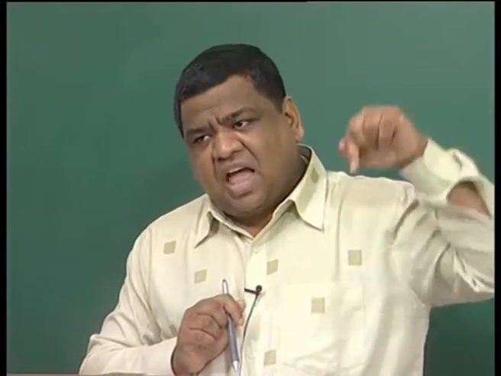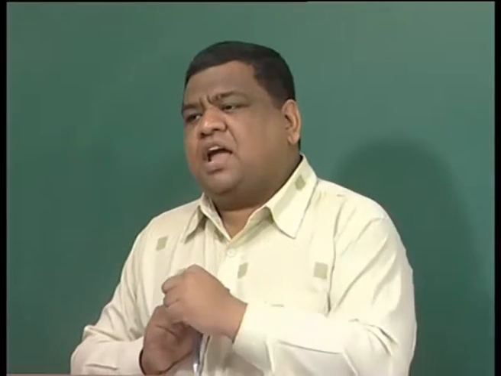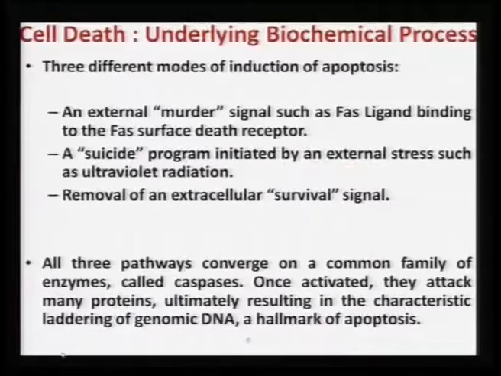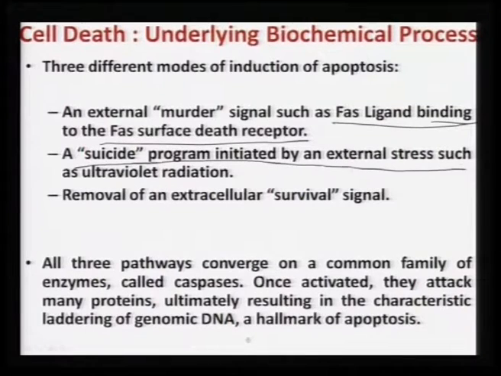From that point onwards, it is more like an irreversible process of going to death. The other things I have mentioned are more clearly written here: an external murder signal, that is the Fas ligand binding to the Fas surface death receptor, induces apoptosis, and a suicide program is initiated by an external stress such as ultraviolet radiation.